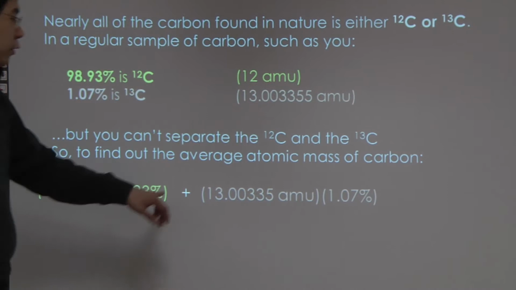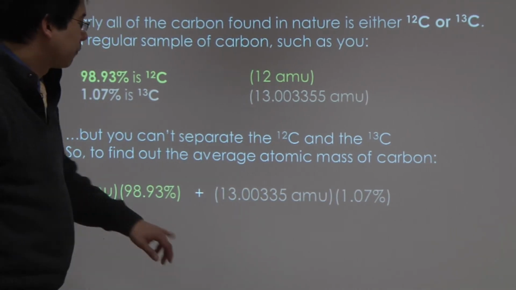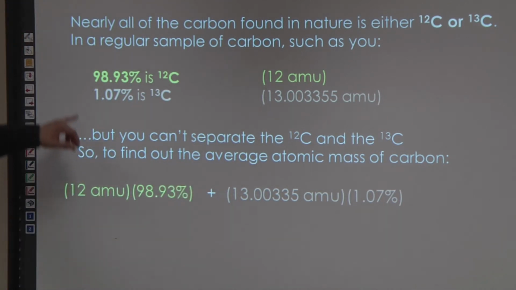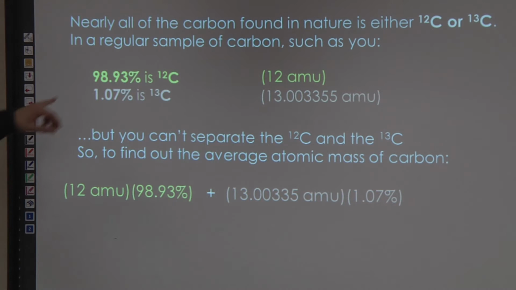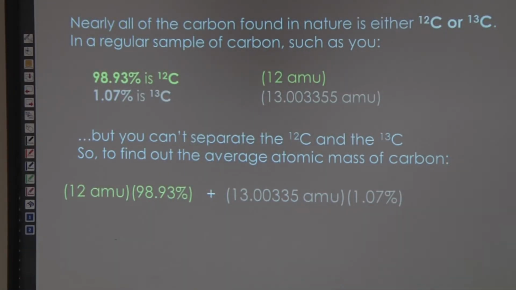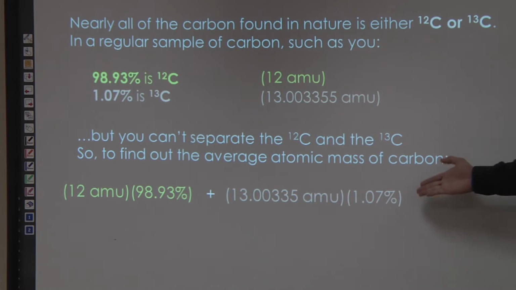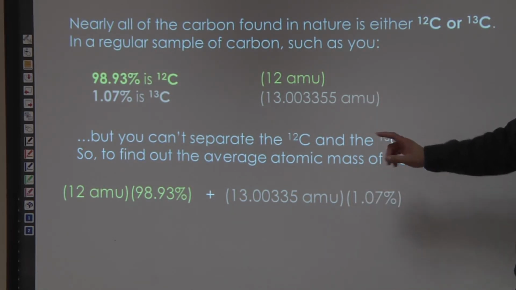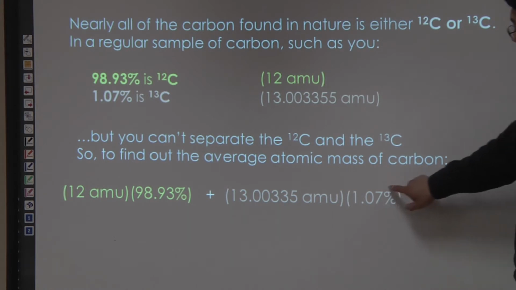And to that, we're going to add the 13.00, et cetera, AMU times the percentage of carbon that is carbon-13. And when we do that addition, what we're going to get is the average atomic weight, or the average atomic mass.